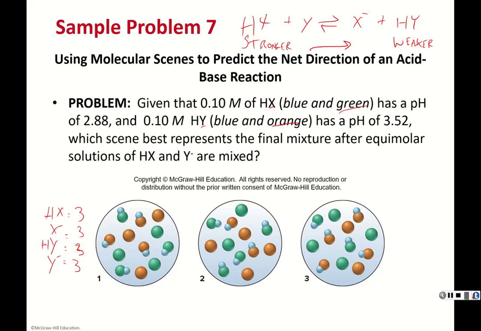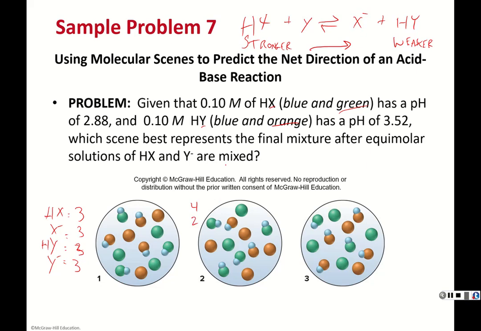So we know that's not going to be the case at equilibrium because, again, we're going to favor the production of products. So in choice 2, all of those numbers would be 4 for HX. X minus would be 1, 2.